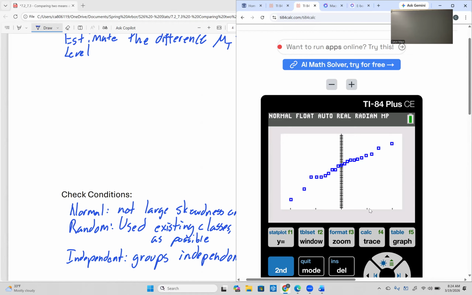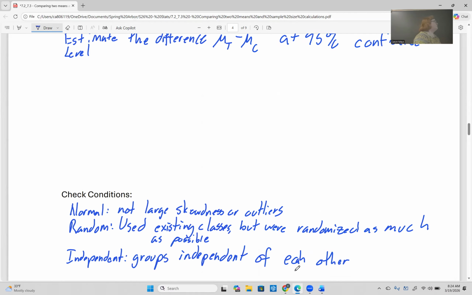There's nothing jumping out as, oh, that point there is really bad for us. We mostly have that straight line. We mostly have normality. We have at least enough normality to use this. And we could check the other one as well, but they are both mostly normal. Looking at the normal quantile plot, yeah, these are both mostly normal. There's no large skewedness or outliers.